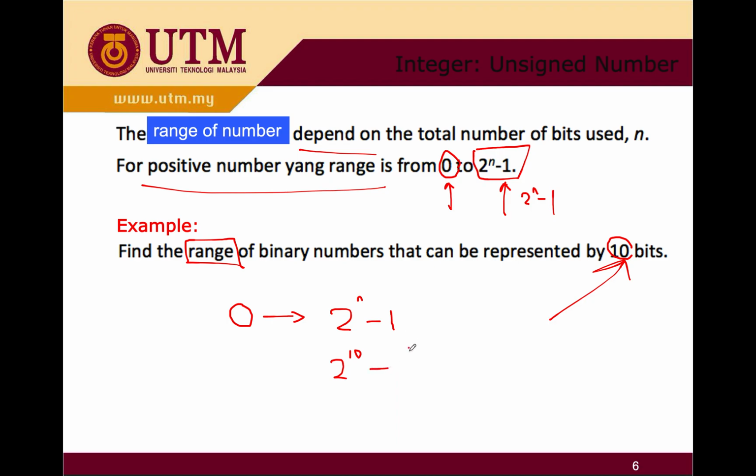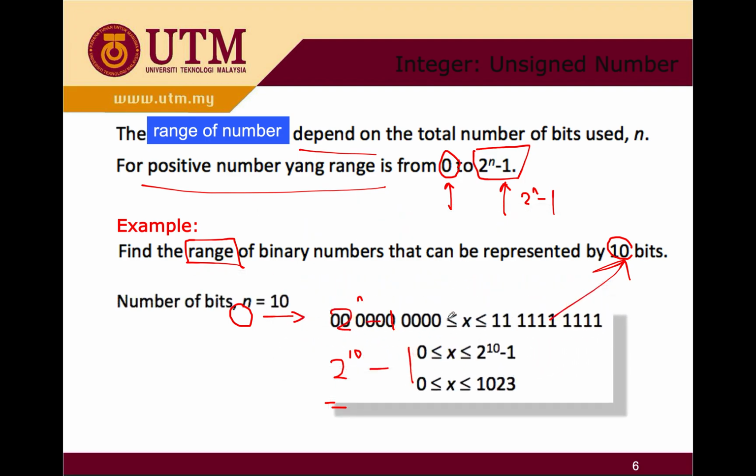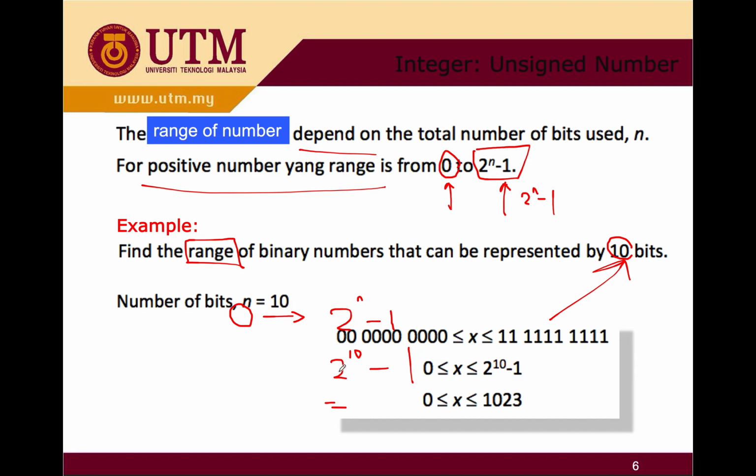You minus 1 to get the value. So 2 to the power of 10 minus 1, you will get 1023. So this is the range in the form of binary numbers that can be represented by 10 bits.